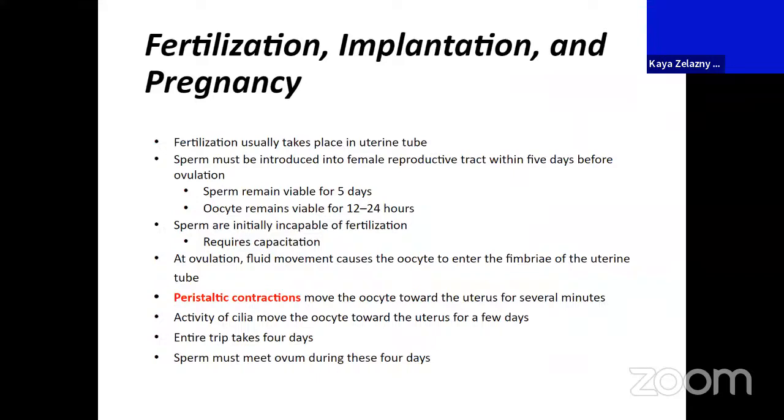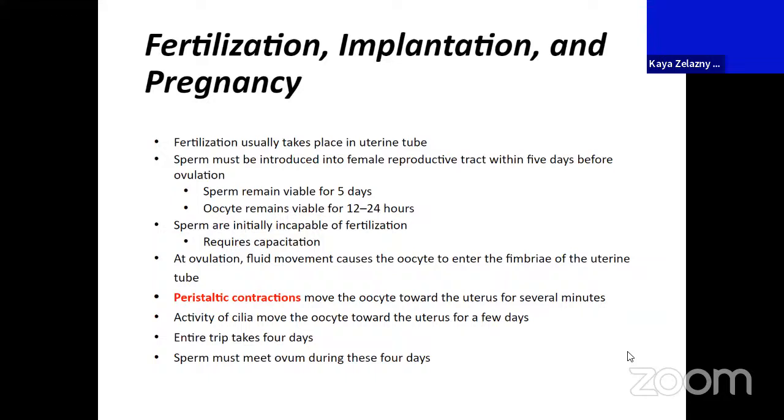So this means we got to think about timing again. Okay. So it is the case that sperm are viable for about 5 days, right? So they don't die off for a little while. They got a little bit under a week that they can survive, which is good for them, right? Because they got to swim somewhere, right? So they've got a little time to do it. Okay. That's not the case for egg cells. Oocytes are only viable for 12 to 24 hours.